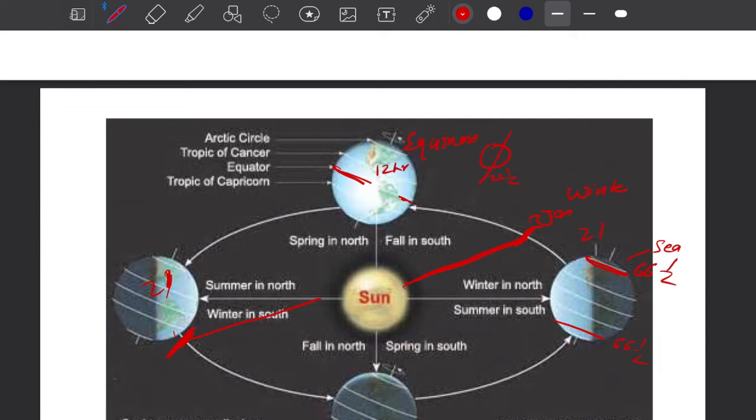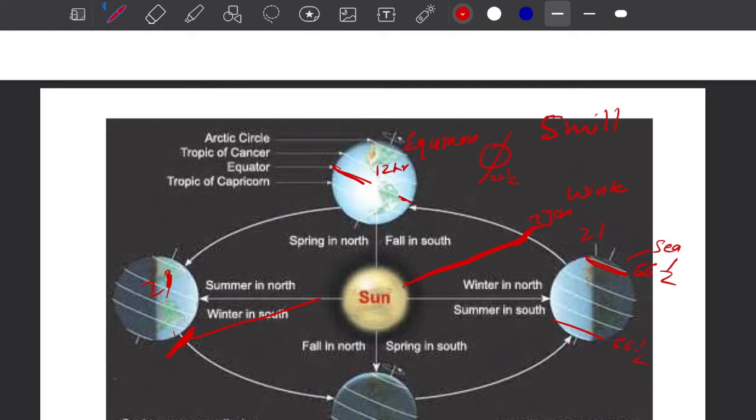The difference in the distance will be around 5 million kilometers. So you can say that in January the earth is 5 million kilometers closer to the sun, while on 3rd of July the earth is 5 million kilometers away from the sun. Now you can ask, if in January the earth is 5 million kilometers close to the sun, then why do we have winters? So the answer is it's the tilt which causes seasons.